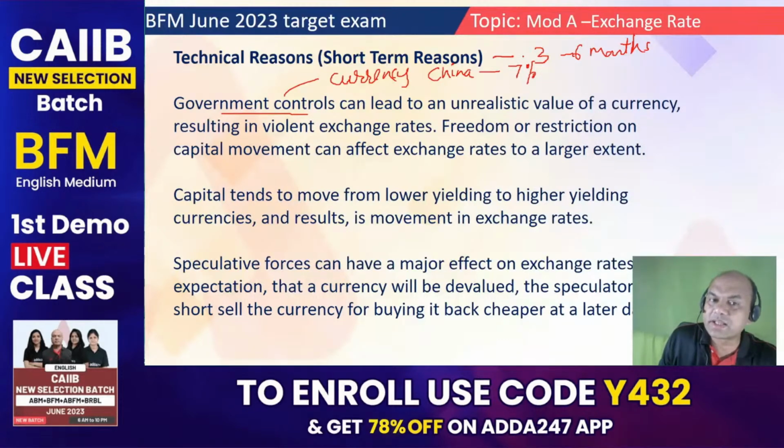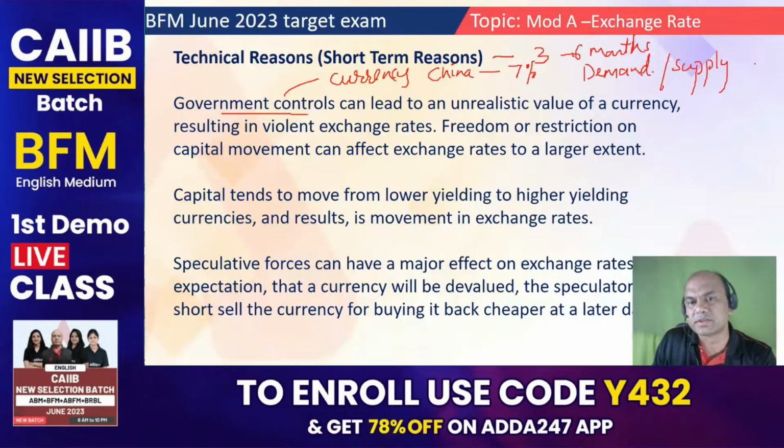If such a thing happens, that is called government control. In India, our currency is totally dependent on demand and supply. Neither RBI nor the government interferes directly. Of course, there are indirect measures. So move on.